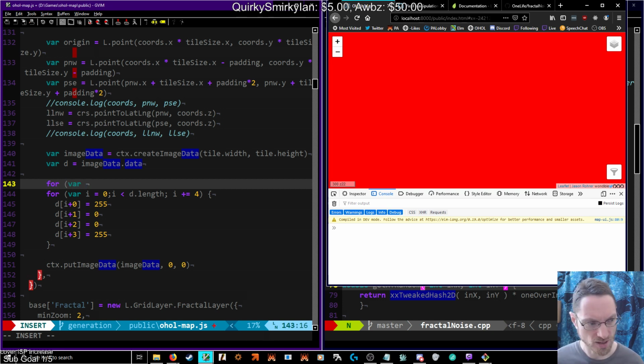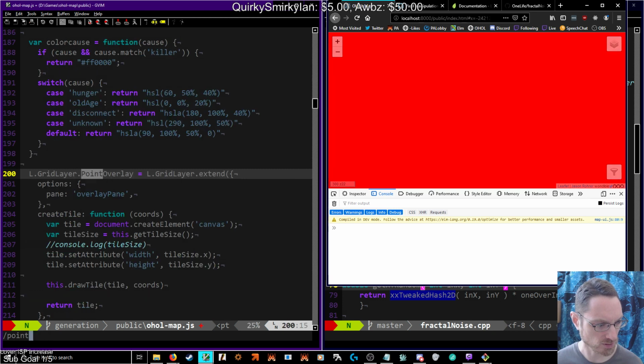So either I iterate over the tile figuring out how to translate that to the coordinates. Now, if that's a lat long, it's probably going to be like Latin long.